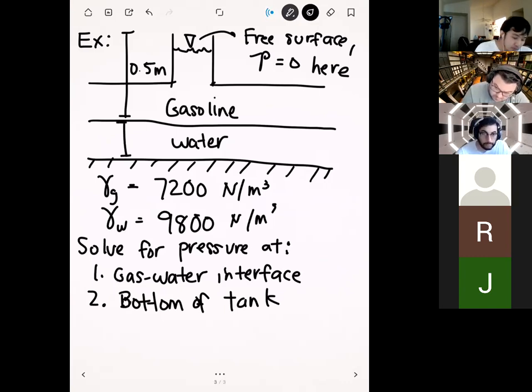That's the height difference between the top, or the free surface, and the gas-water interface. And then the distance between the gas-water interface and the bottom is 0.1 meters. All right. Any questions on the setup for this example?